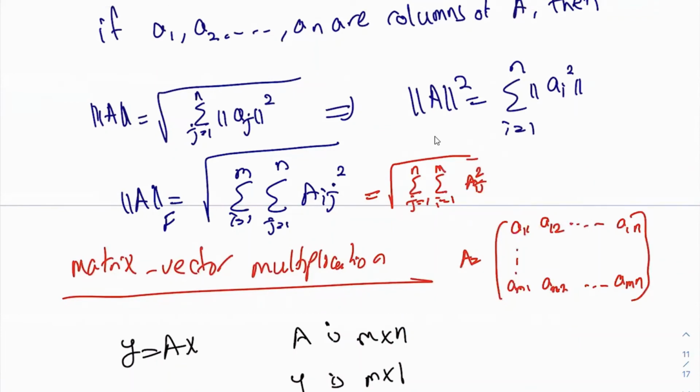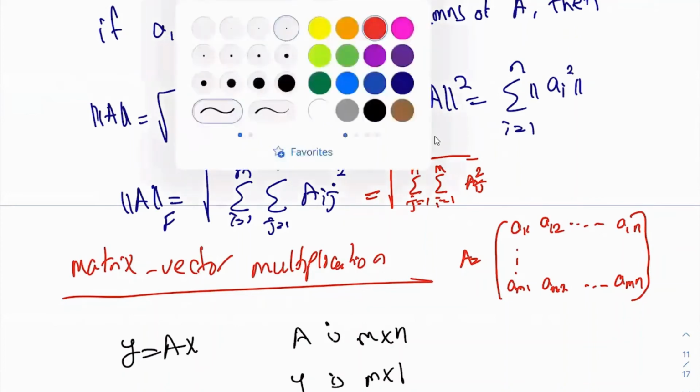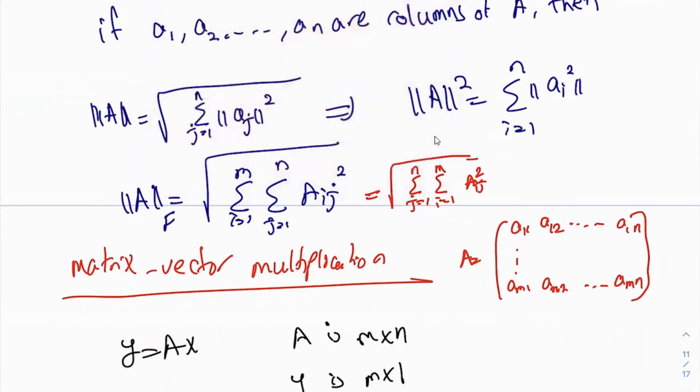So assume that we are in column 1. Remember, J is the second index, a_ij. J indicates the index of column. When J is 1 and I is changing, it means that we are talking about the first column. So if J is 1, we are considering A11 square plus A21 square all the way to AM1 square. So we have this one here.